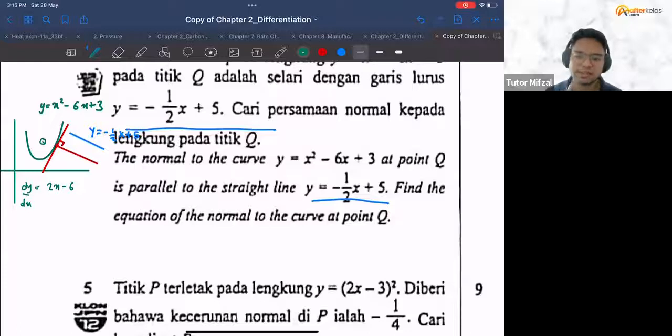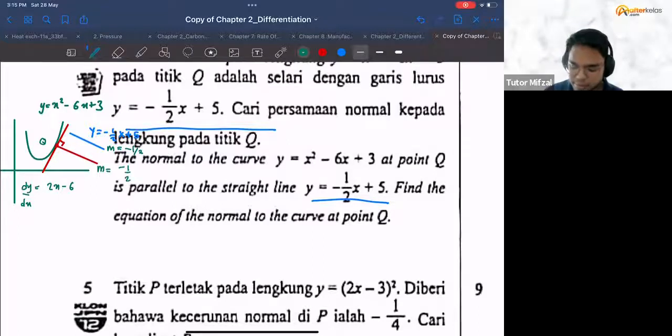So our first step is to find x. Alright, find the value of the coordinate Q. So how do we do that? Well, we are given this equation over here, negative 1 over 2x plus 5. Dia kata ini gradient. Gradient dia adalah -1/2. So dia kata kalau the two lines are parallel, so mestilah gradient ni pun -1/2. Kan?